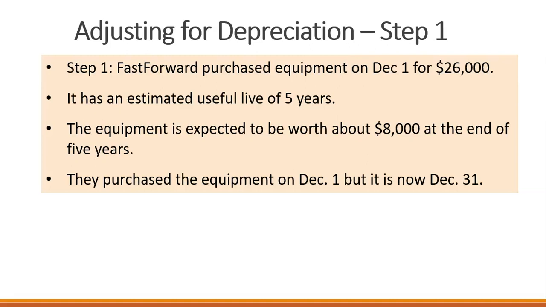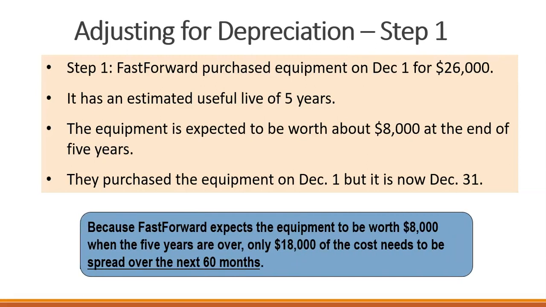So if you remember from the previous slide, that is the cost of the equipment, $26,000, minus the salvage value, $8,000, and then divided by its useful life, which in this case is 5 years.